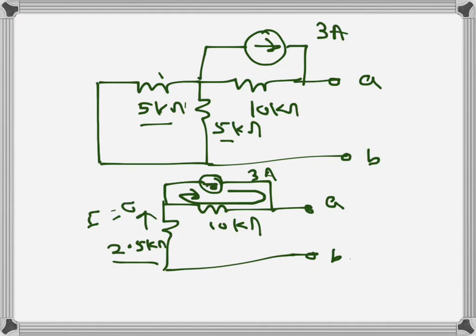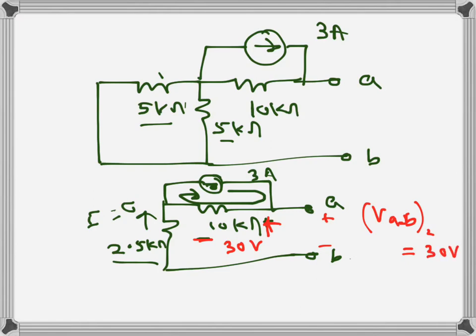Since the current direction is like that, the voltage drop will be in that direction. The drop will be 30 volts here, and since VAB is like that, VAB2 will be 30 volts.